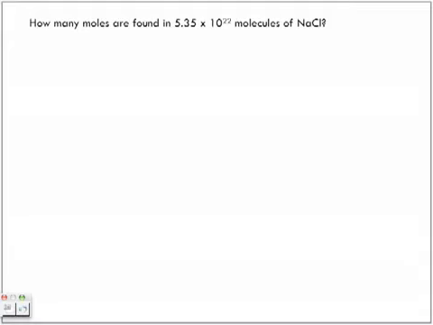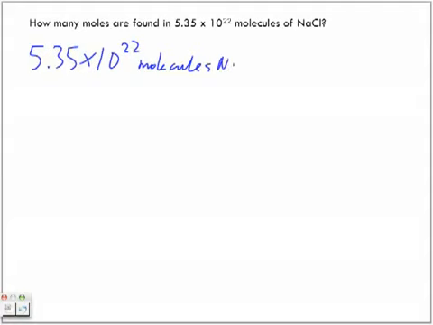How many moles are found in 5.35 times 10 to the power of 22 molecules or formula units of NaCl? And so here's where the whole notion of factor labeling comes into play, and why I've been using that whole times a set of fractions. So we have 5.35 times 10 to the power of 22 molecules of NaCl.